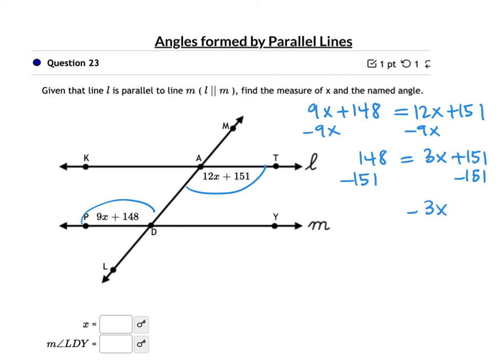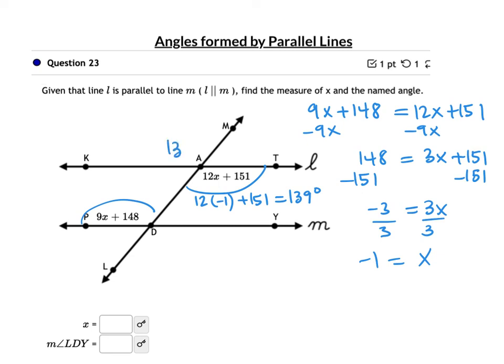So 3x is equal to negative 3, and we'll divide by 3, and x is negative 1. Now we'll plug that in, and we get 12 times negative 1 plus 151. So that's negative 12 plus 151, which is 139 degrees.